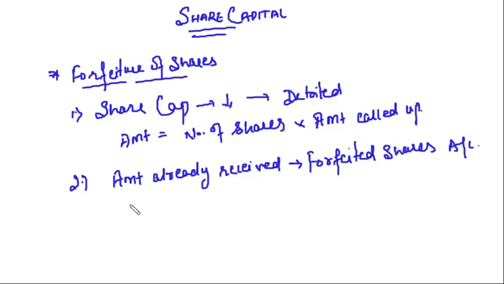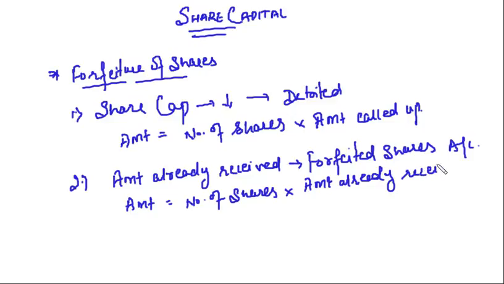Now what will be the amount? Number of shares multiplied by amount already received. If you have received application and allotment money, then the sum total of that amount will be taken as amount already received and transferred to forfeited shares account. Clear?